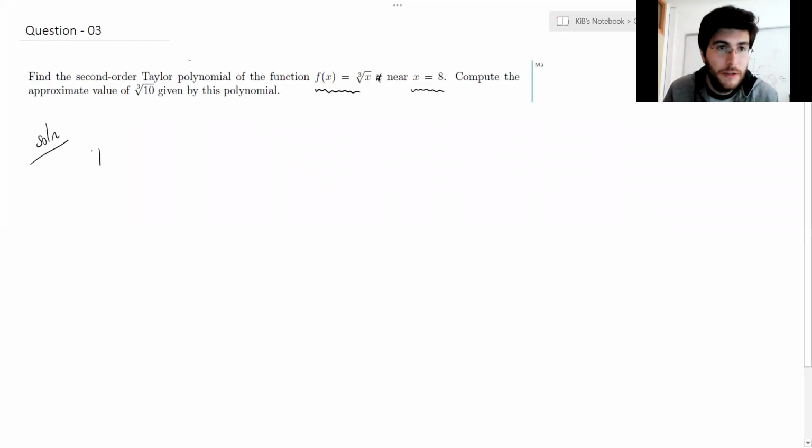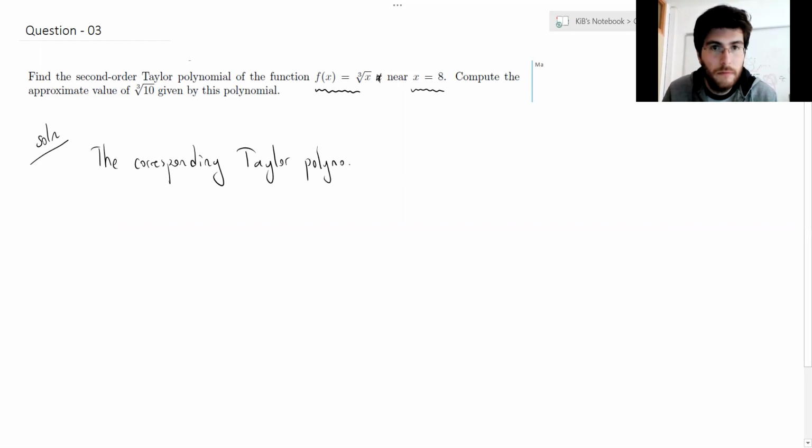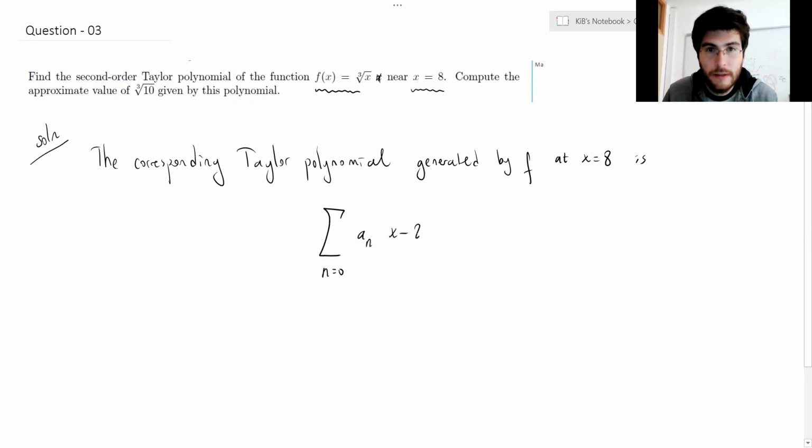So remember, the corresponding Taylor polynomial generated by f, centered at x equals a, is of the form like this: the sum over n starting from 0 of a_n times (x minus a) to the n, and that's all.